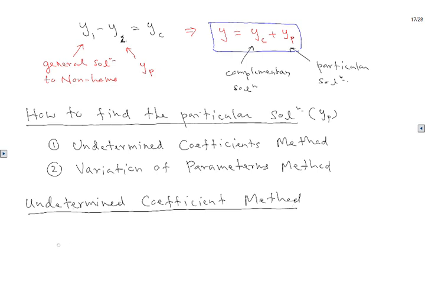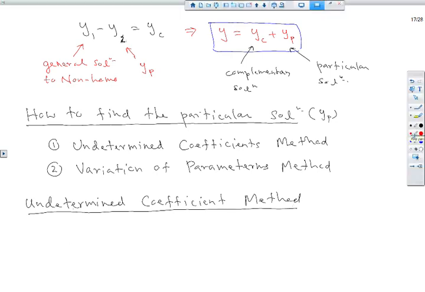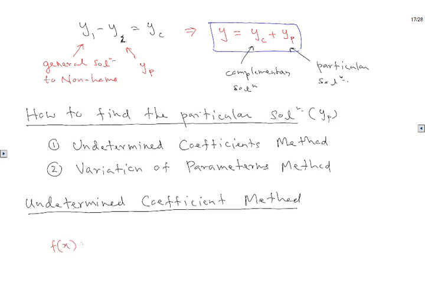So if f(x) has these three types, one type is e to a function, like exponential functions, and then it can be a sine or cosine function, sine of some number or cosine of some number.